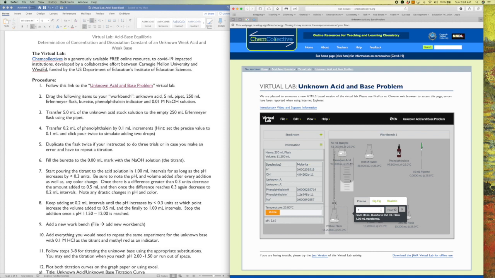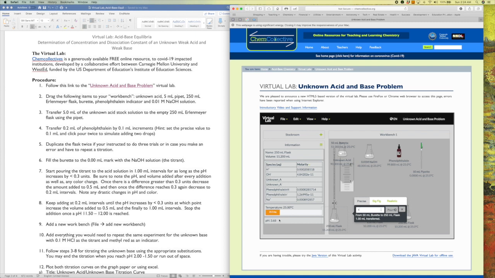I mean, 0.25 is good, is probably best, but any more than 0.3 can be a problem, because what we're trying to do is to plot this curve, to plot this data, and a pH increase of more than 0.3 will leave a large unplotted region, which will not be helpful in us making a smooth curve.